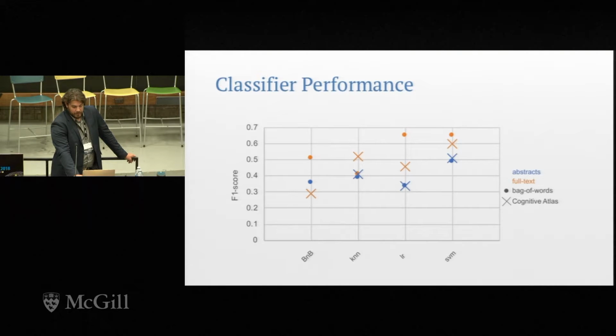And the combination of parameters that performed the best was using the full text logistical regression algorithm and bag of words feature space. Though I'd like to point out that when using the support vector machine algorithm, the cognitive atlas feature space and bag of words feature space did not differ that greatly. Perhaps more interesting is that if you just use the text from the article abstracts themselves, the cognitive atlas feature space actually outperformed bag of words.